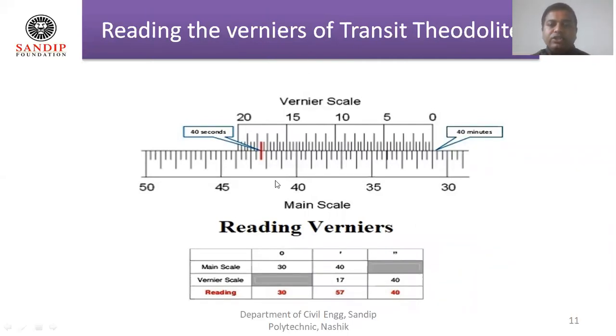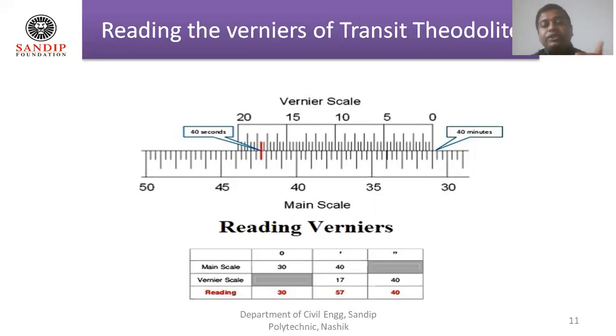Here you can see this 0 touches the main scale after 30 degree 40 minute. Okay, it is not touching 31 degree. Here you can see this is 30 degree, 31, 32, 33, 34, 35, 36, 37, 38, 39, 40. So in this way, this main scale measures degree, and again 1 degree is divided into 3 equal parts. 1 degree means 60 minutes.